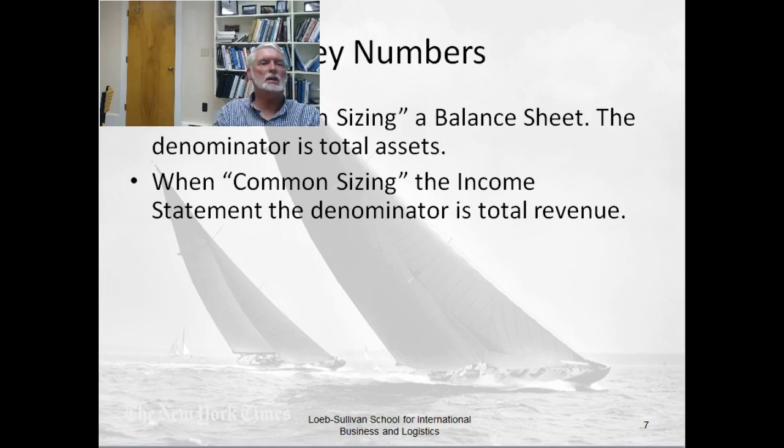And then when you common size the income statement, the denominator is always total revenue. So total revenue, total sales, or total revenue is your denominator. And you may compare cost of goods sold to total revenue, or you might compare marketing cost to total revenue, or whatever.